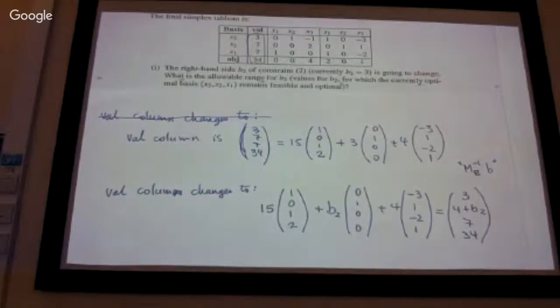So how could this new tableau not be optimal? What could happen when you would have to pivot? There's only one thing that could go wrong. What is it? What could go wrong?